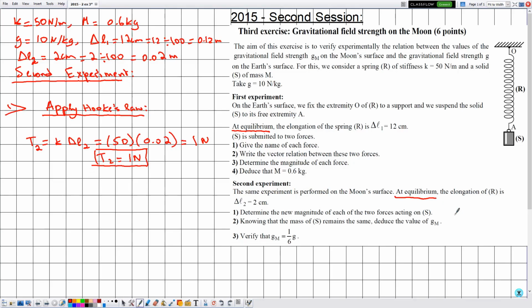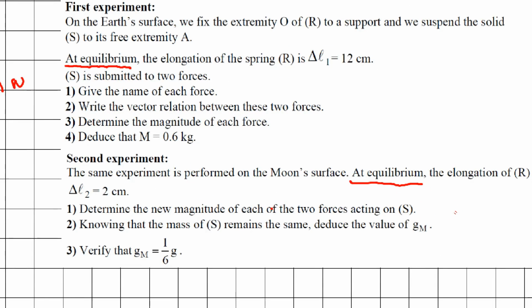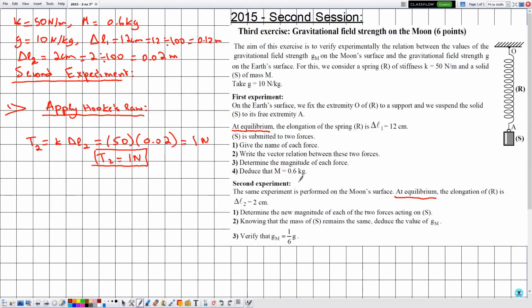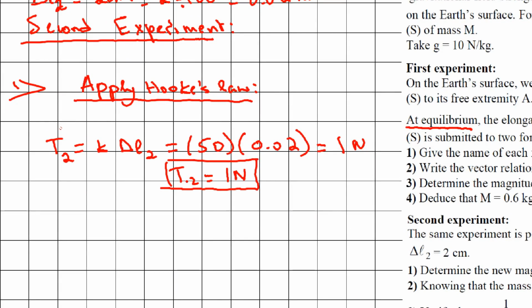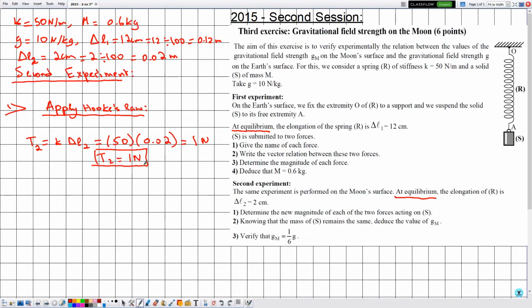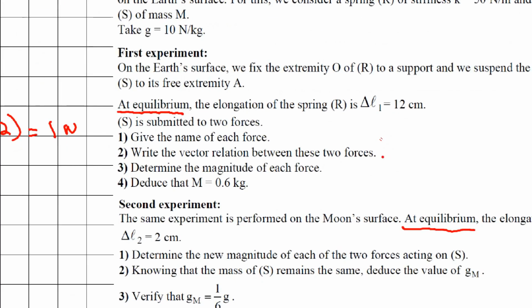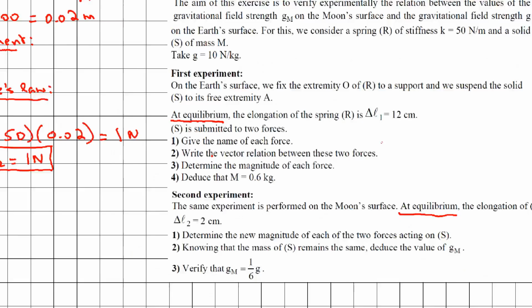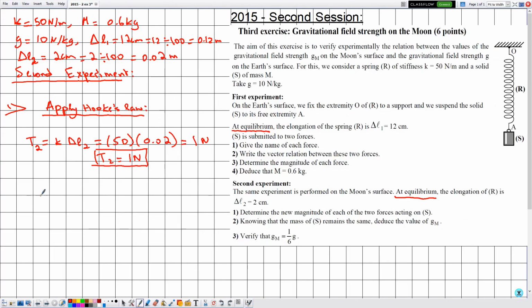Now here in question number 1, they are telling me to determine the magnitude of each of the two forces. We already determined the magnitude of the tension T. It's left to determine the magnitude of the weight. The solid S being at equilibrium, we can use the condition of equilibrium that we already determined in number 2, which is the vector relation W vector is equal to minus T vector.